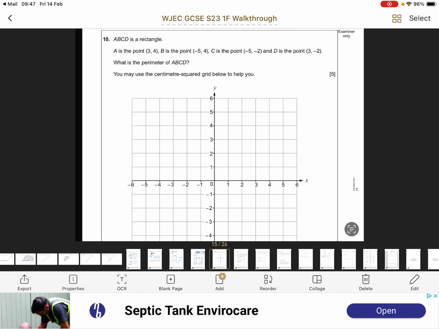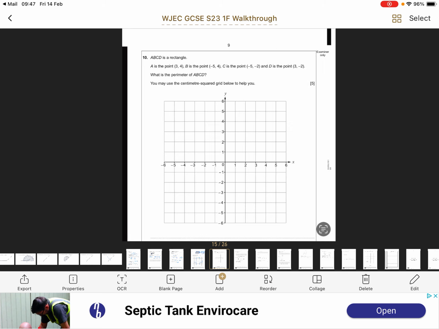On to question 10. ABCD is a rectangle. A is the point 3,4, B is the point -5,4, C is the point -5,-2, and D is the point 3,-2. What is the perimeter? And it says you can use the square grid below to help you.